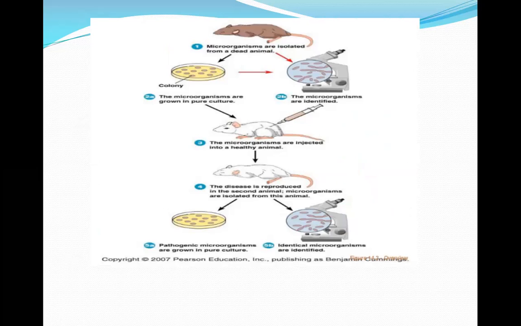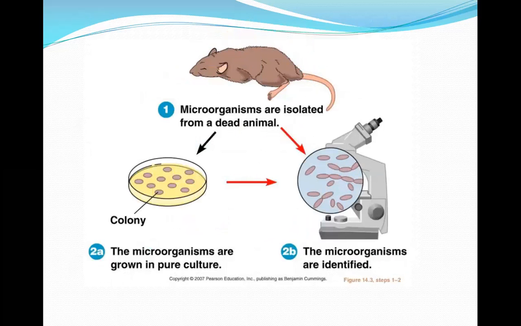Next, here is the diagram. Here Koch confirms his postulates. Here again I have divided this diagram into two separate diagrams. See here, in the first step, this is the mouse or rat.